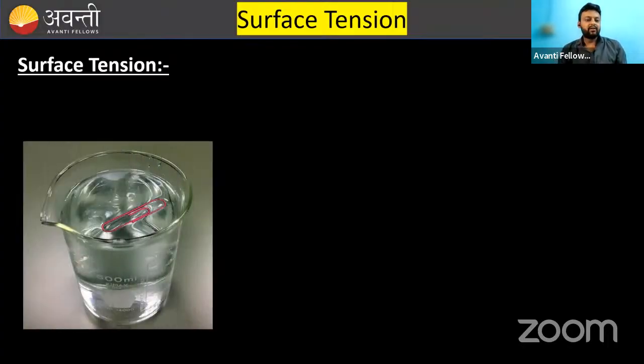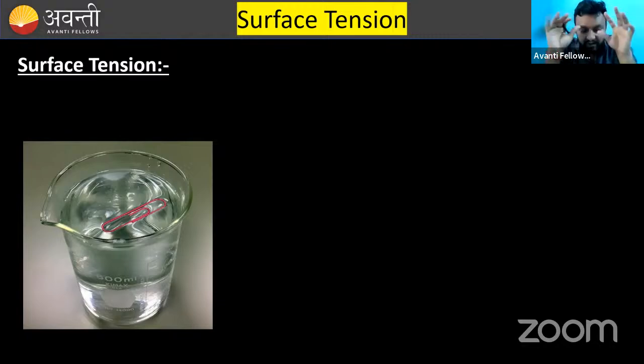What you can see here, there is a glass of water, or a beaker which is filled with water, some liquid which looks like water. In fact, it is water. And there is a paper clip which is just floating at the top of the liquid surface.